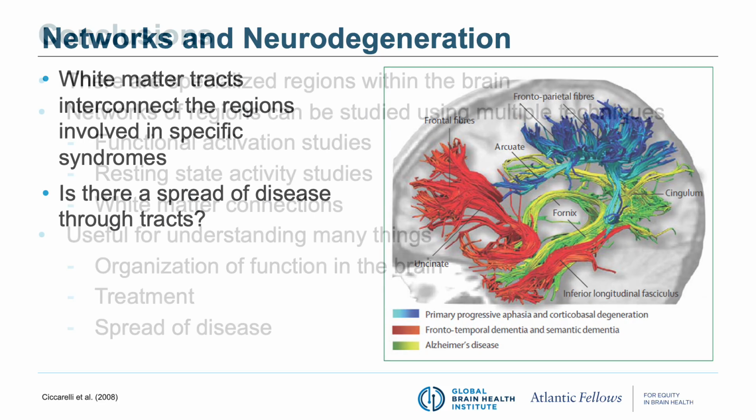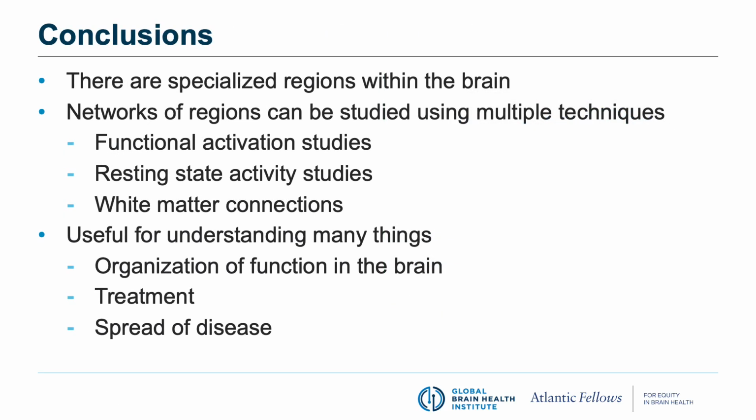So this is the end of part 2. Hopefully through viewing these 2 parts, you can really appreciate these take-home points: that there are specialized regions within the brain, but that even though there are specialized regions, they're interconnected with each other in larger networks that can be studied with various approaches: functional activation studies, resting state activity studies, and studies of the white matter connections between them.